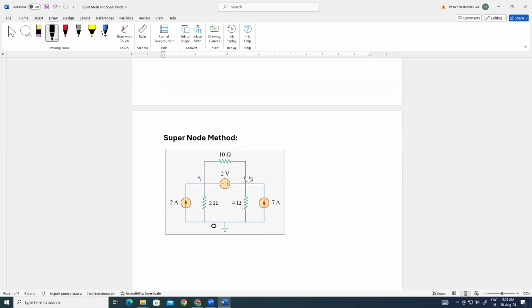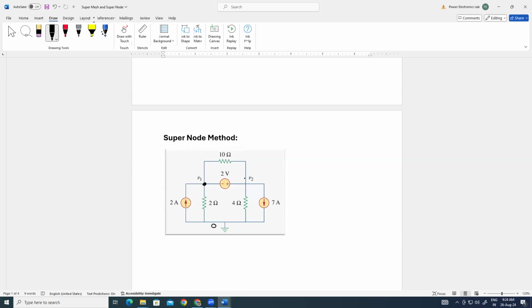So we have seen in the previous method, if we want to solve this using only the simple node method, apart from two equations we have to solve many more equations to get the value of I4.